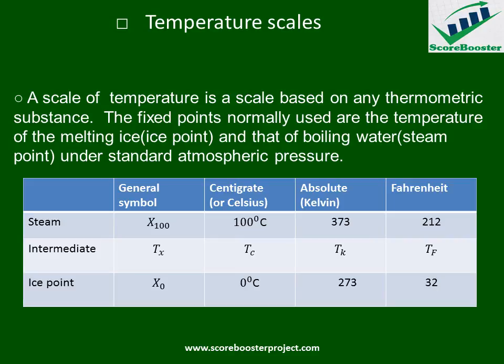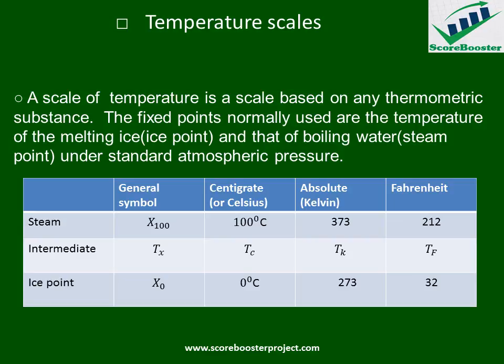The intermediate temperature will be the temperature in between the steam and the ice point, and the general symbol for that is Tx, while the intermediate under centigrade will be represented by Tc. C here represents Celsius or centigrade, while the intermediate of temperature in Kelvin will be represented by Tk, and that of Fahrenheit will be represented by Tf.